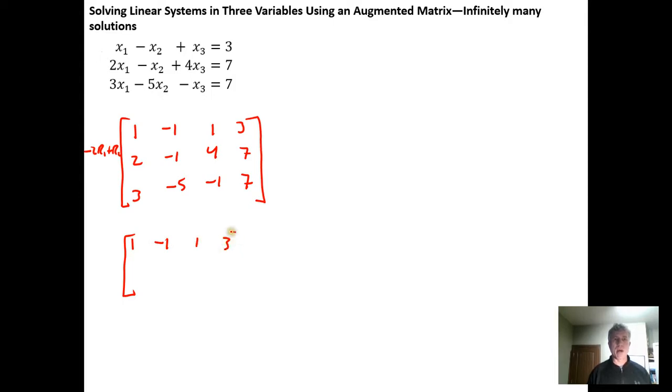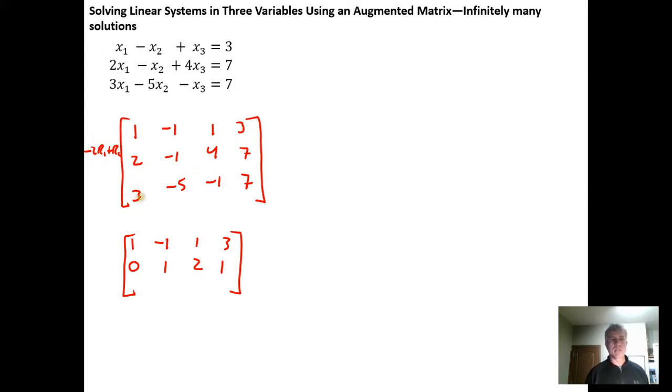So we get -2 times 1 is -2 plus 2 is 0. -2 times -1 is 2 plus -1 is 1. -2 times 1 is -2 plus 4 is 2. -2 times 3 is -6 plus 7 is 1. So there we've modified our row 2.